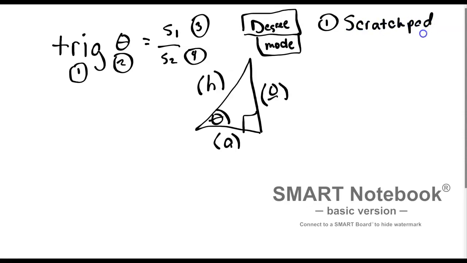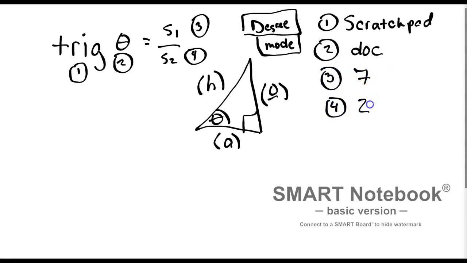Okay, this is nice to have. So if you're on the test and you forget, you can use your notes. The next thing we do is we hit doc. The third is we hit 7. The fourth is you hit 2. And fifth, you make sure to select degree. Okay? Alright, so it should have been in your notes last time, but this time we'll make it official.